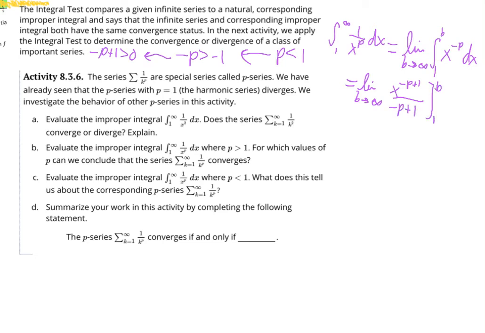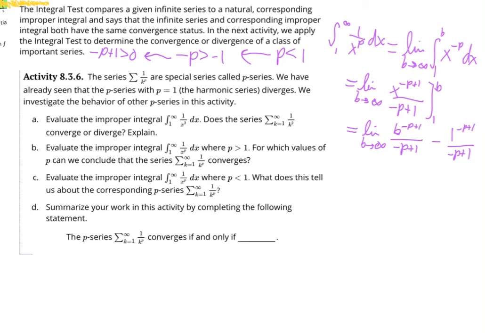Negative p plus 1 is now a positive number. I'm plugging in 1 to b. So I have the limit as b approaches infinity of b to the negative p plus 1 over negative p plus 1, minus 1 to the negative p plus 1 over negative p plus 1.